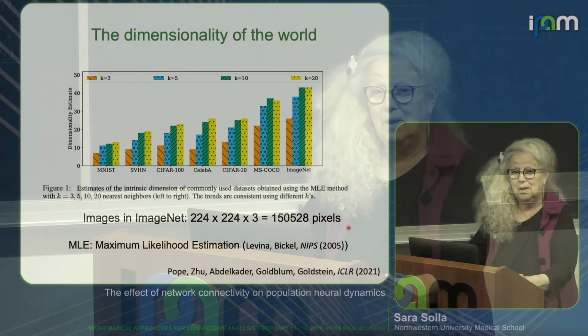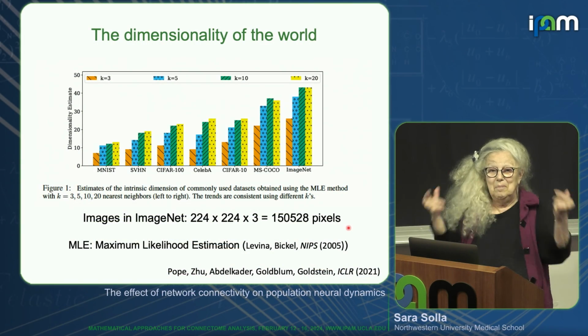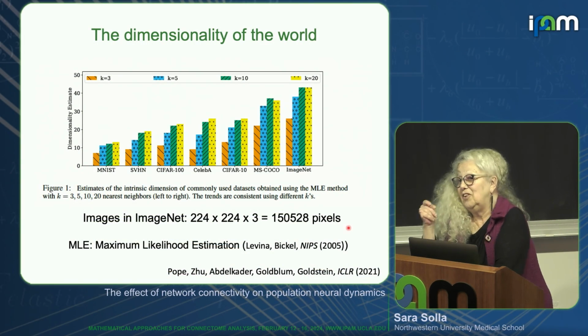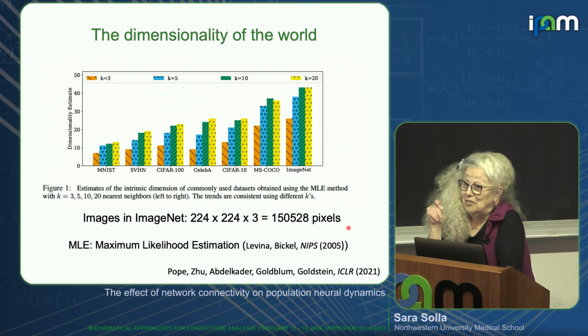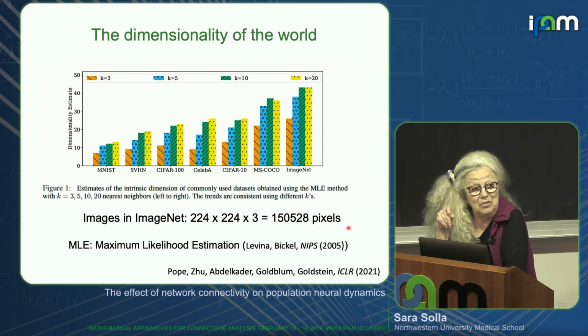Each of these images is 224 by 224 by 3. These are colored images. So each image lives at a point in 150,000 dimensions when you look at the pixels and you allow each pixel to have a 3-dimensional representation for color. So every image is a point in this 150,000 dimensional space, but not every point in this 150,000 dimensional space is an image.